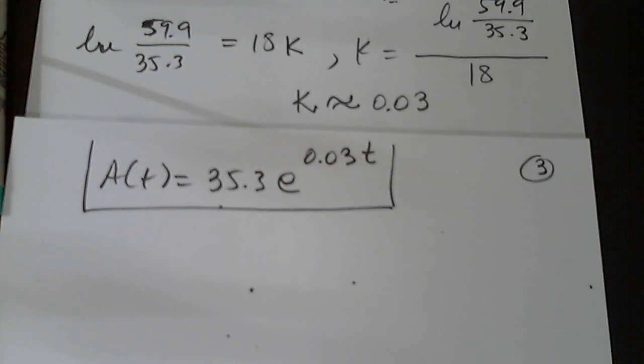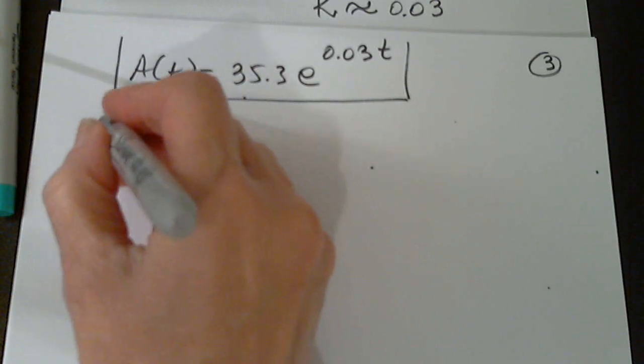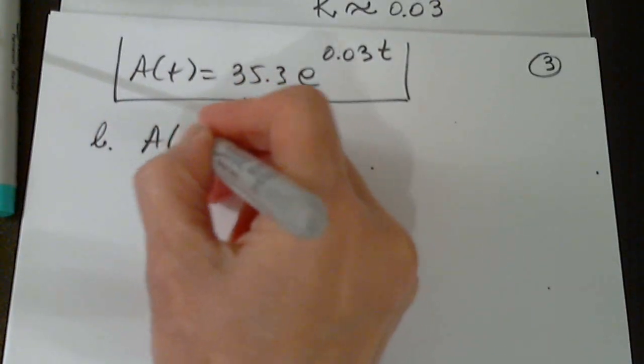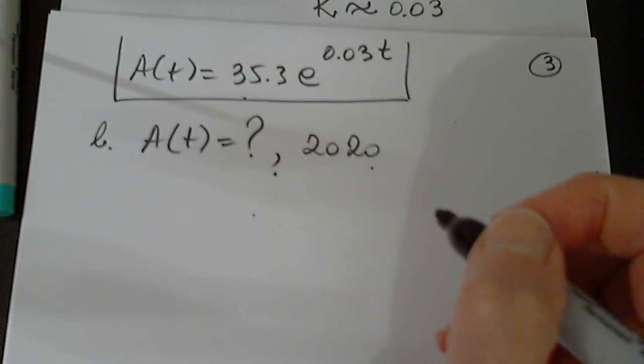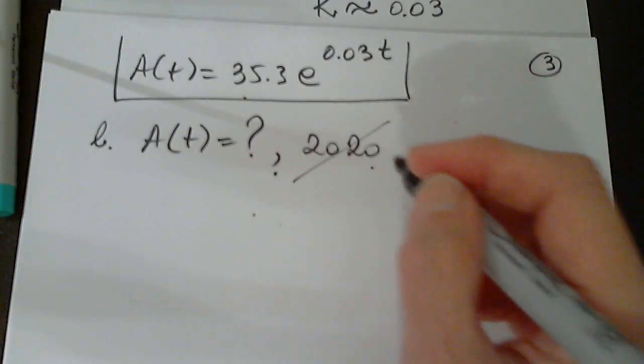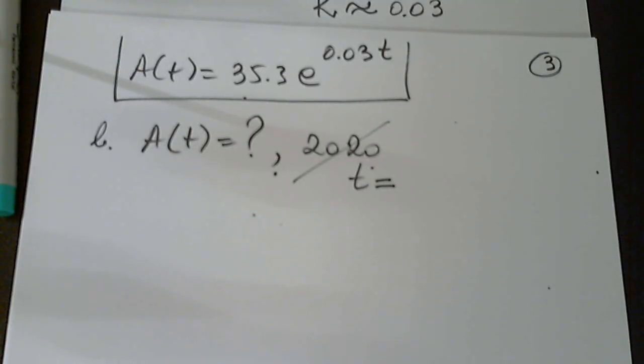Use the resulting model, which we have, to project the Hispanic resident population in 2020. So in part B, they want us to find A of t in 2020. I know I cannot plug in 2020, but I have to identify what t represents. It will be 20.